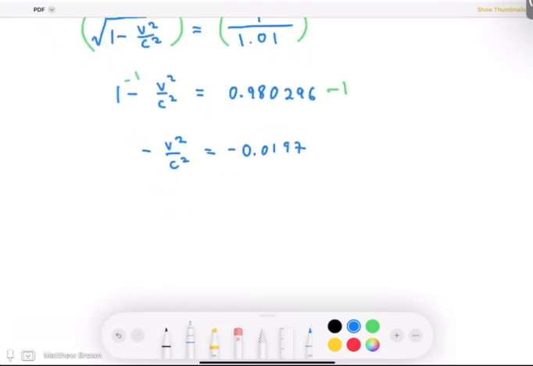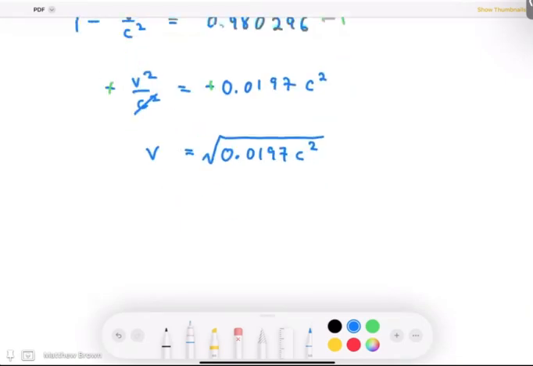Now they're both negative, so multiply both sides by negative 1. Multiply both sides by c squared. And we get v squared equals 0.0197 c squared. But of course we'll square root both of that.